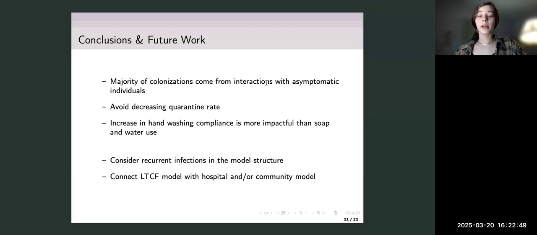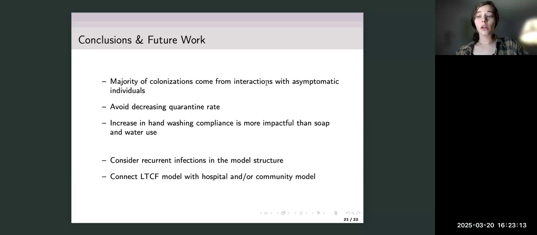We also strongly recommend not decreasing the quarantine rate, as Natsuka showed us, that has a detrimental impact on the disease transmission. We also would recommend increases in hand washing compliance, and have observed that more compliance does seem to be more impactful than soap and water usage, but again, both are good.